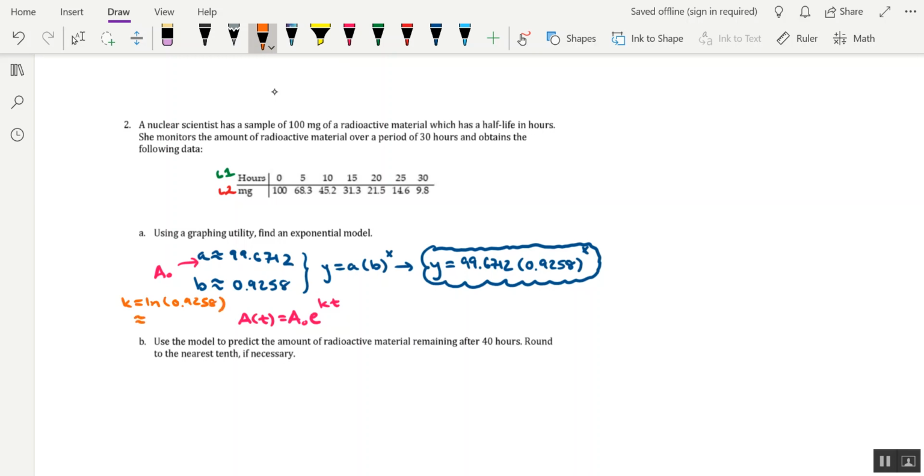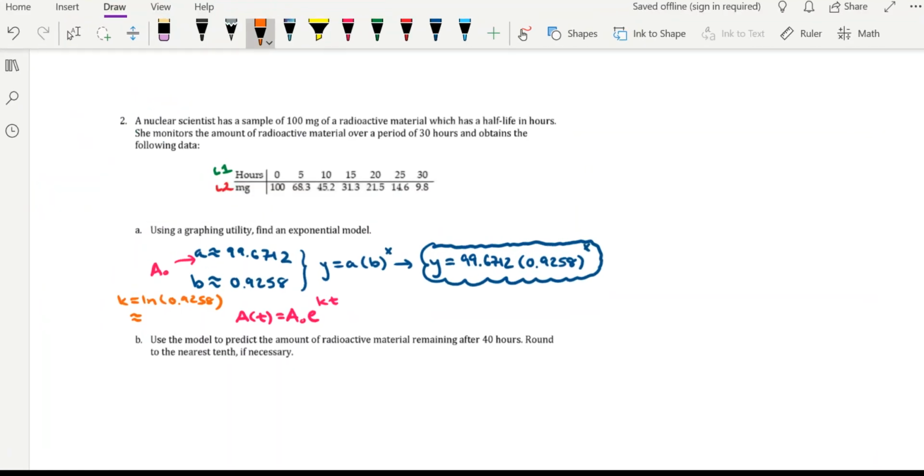Alright, so I'm going to go back to the calculator and get us a decimal approximation to that. Natural log of 0.9258. And to 4 decimal places, we're looking at negative 0.0771. So that would be our value of k.